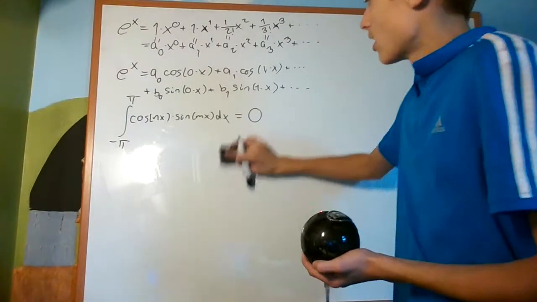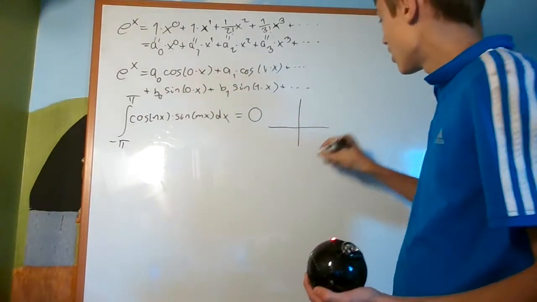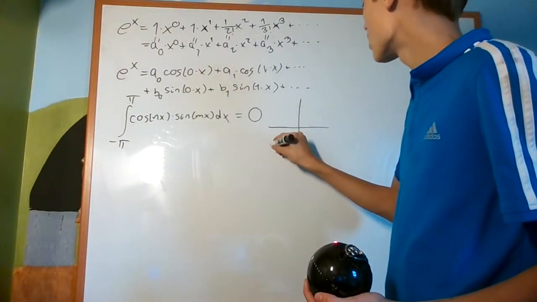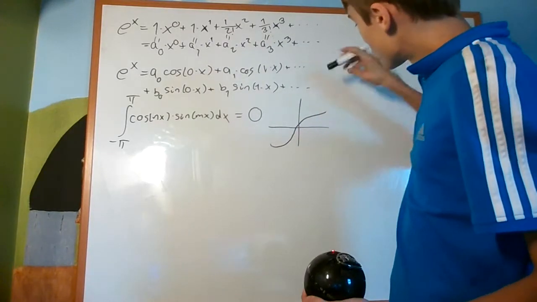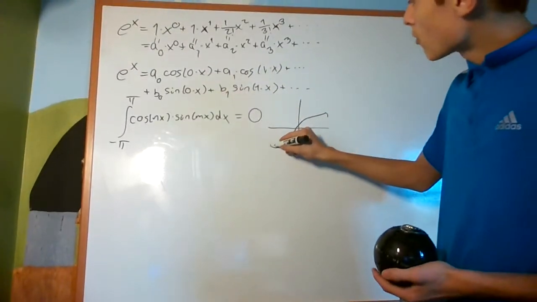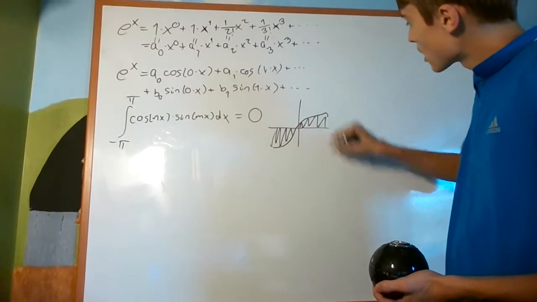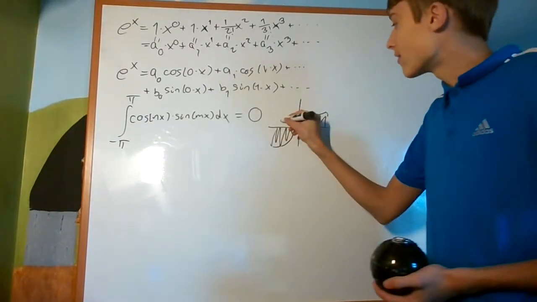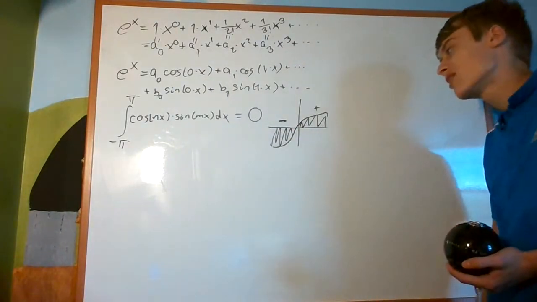Basically meaning, if I were to graph it, now this isn't going to be an accurate graph, it might look something like that. Now remember, if the area is below the x-axis, you'll get negative area, and if the area is above the x-axis, you're going to get positive area.